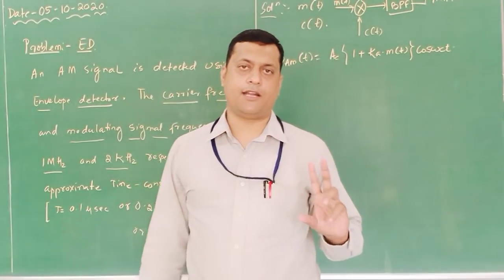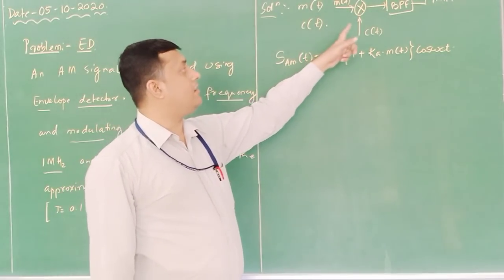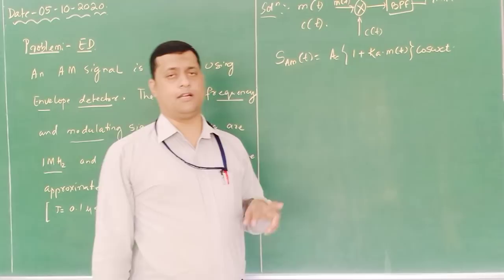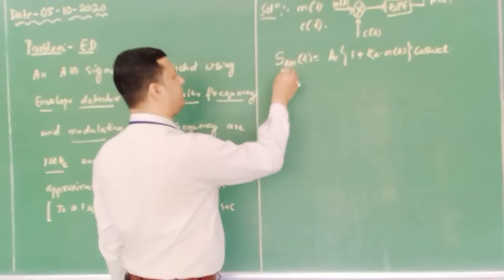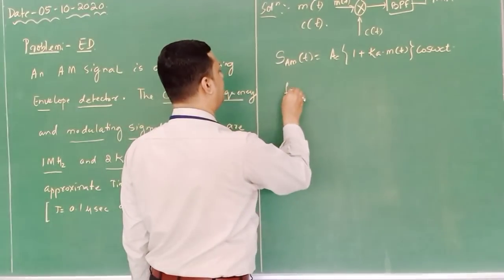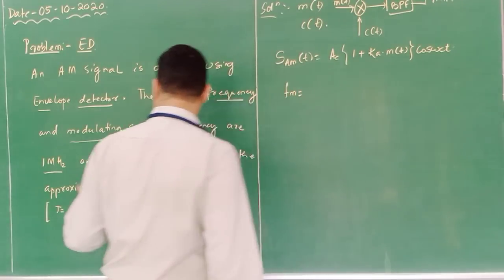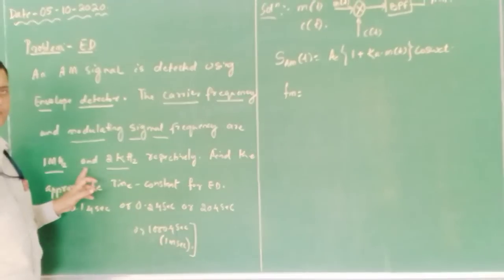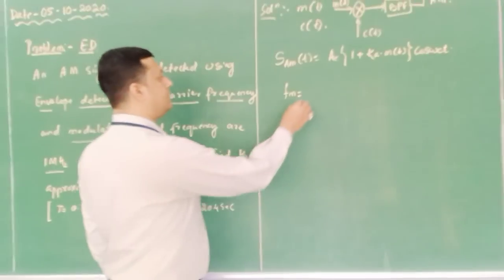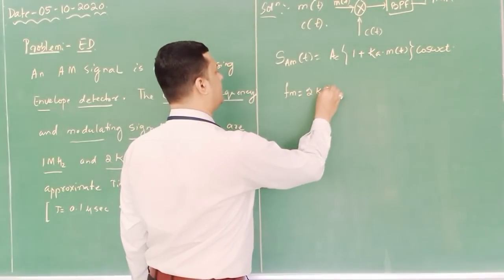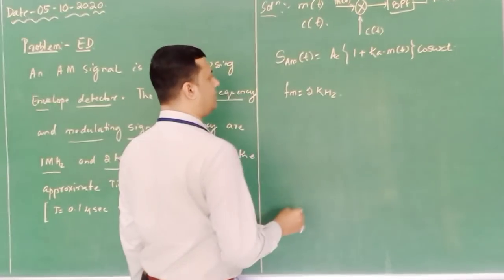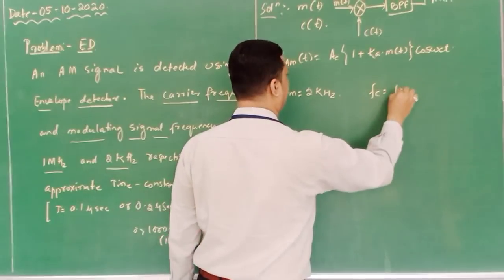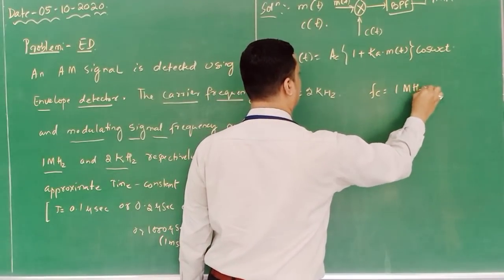But at the receiver side, we need to demodulate this AM signal so that we can recover the modulating signal. Here the modulating signal frequency is 2 kHz, and the carrier signal frequency is given as 1 MHz.